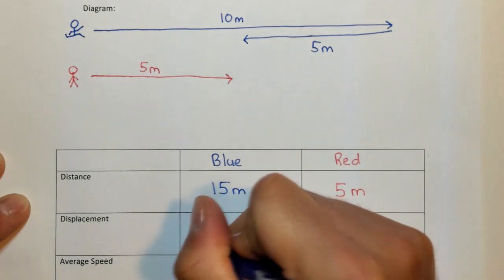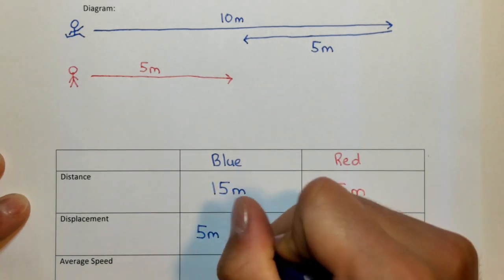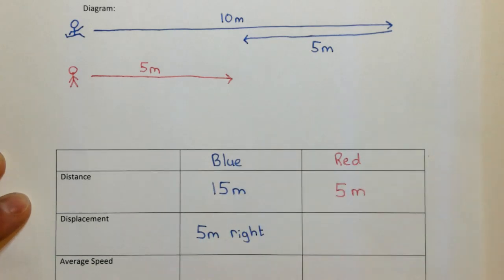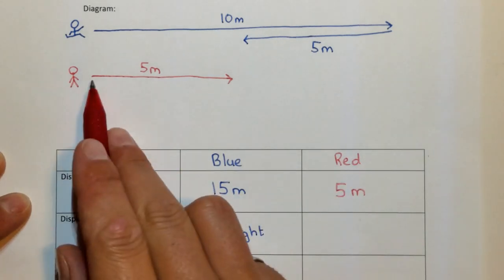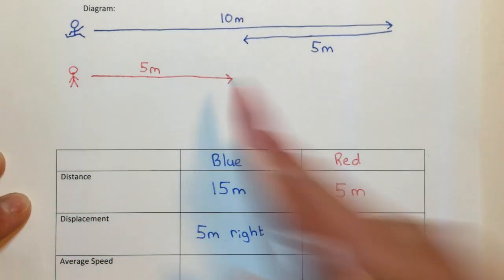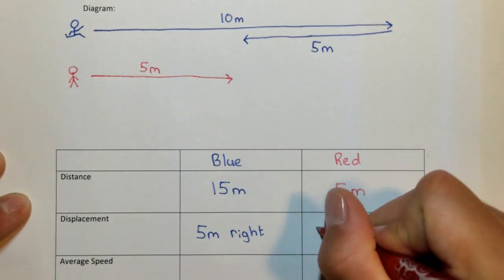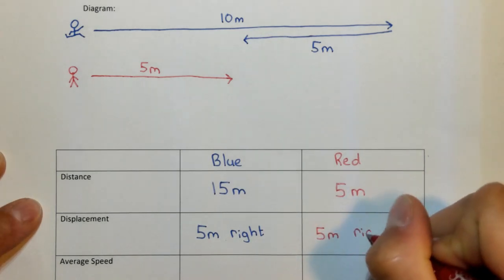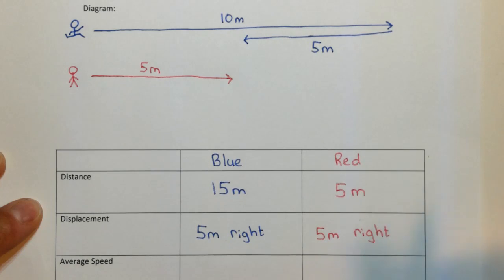So blue's displacement is 5 meters right. Red's displacement, well, red started here and finished here, so red's displacement is also 5 meters to the right. Straight arrow from start to finish. So my vectors have a magnitude and a direction, and my distance, my scalar, has just a magnitude.